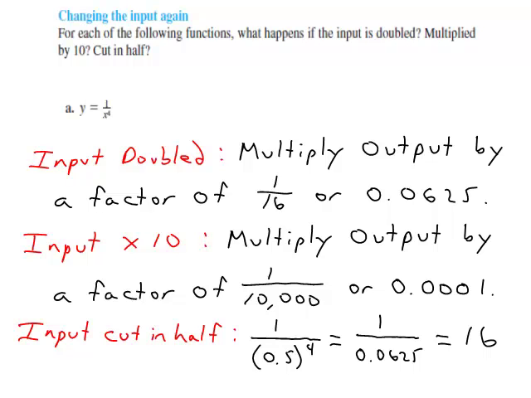So by cutting the input in half, we would have to multiply the output by a factor of 1 divided by 0.0625, or by a factor of 16.